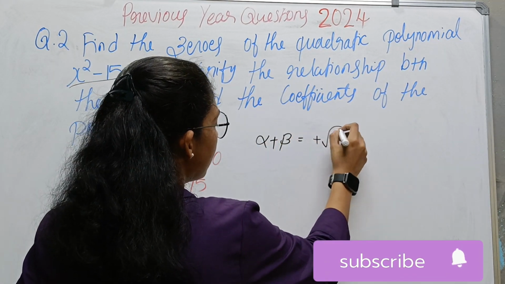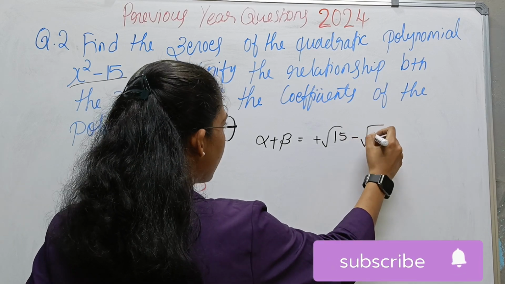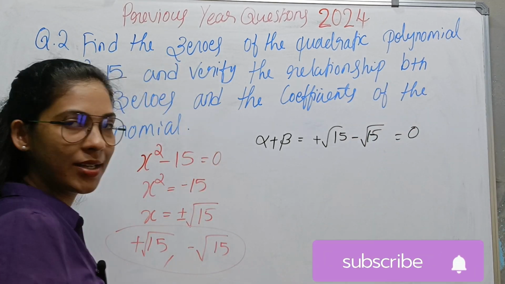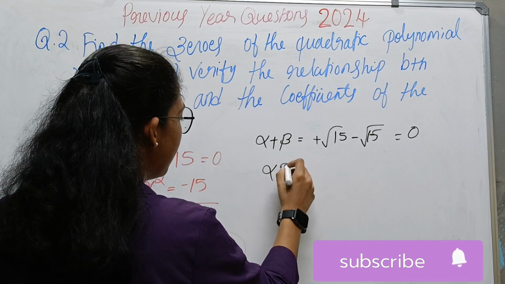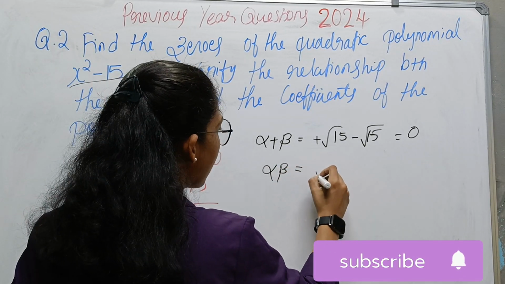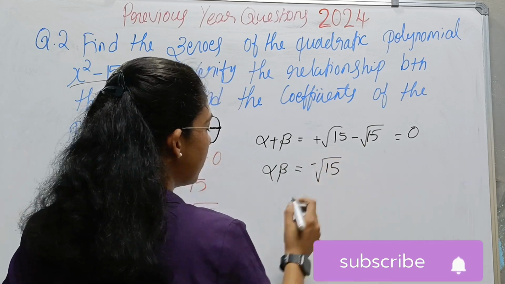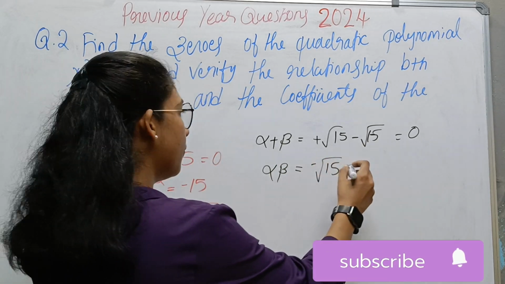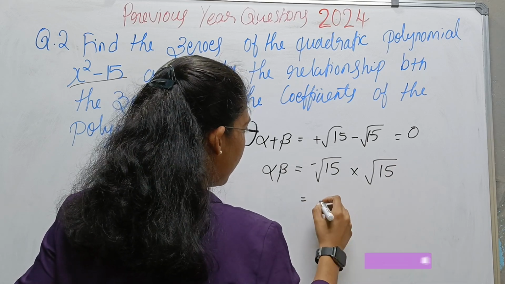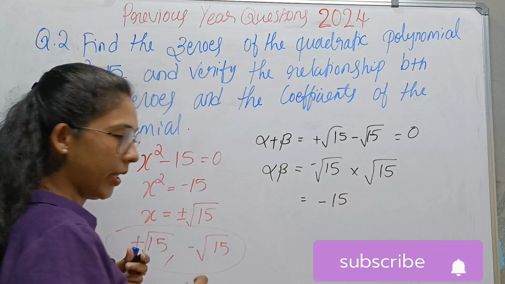That is plus root 15 minus root 15, which is equal to 0. Then what is alpha beta? That is the product of the two zeros. It must be minus root 15 into positive root 15, which is equal to minus 15.